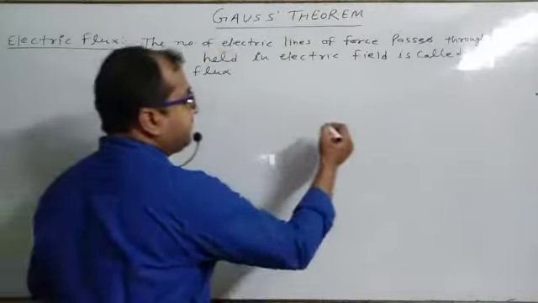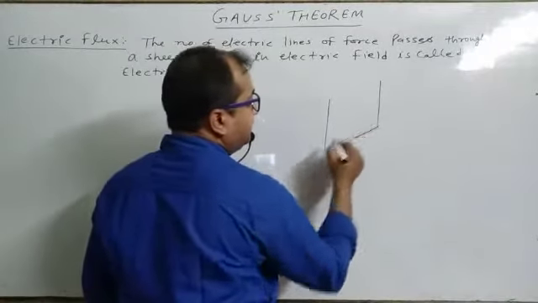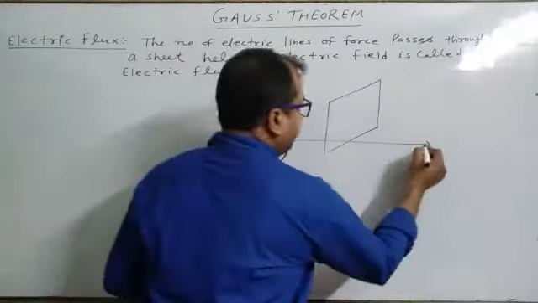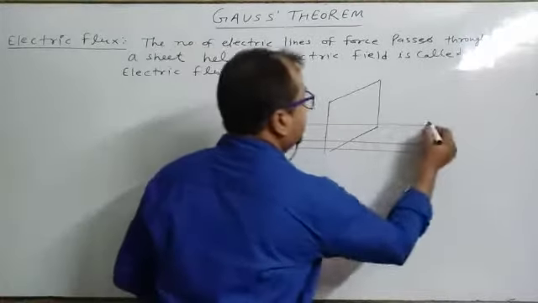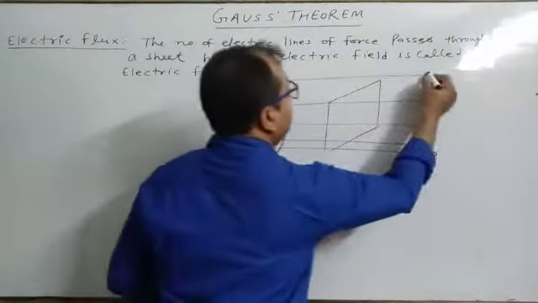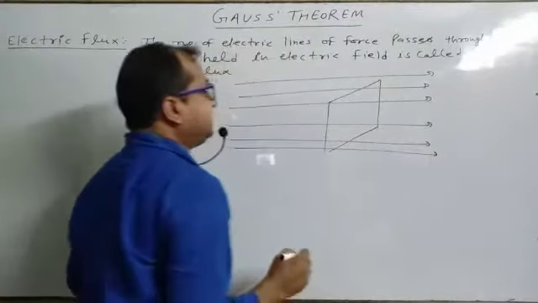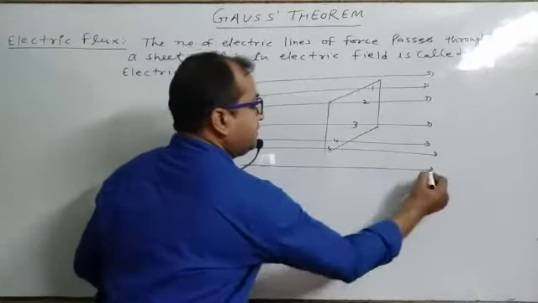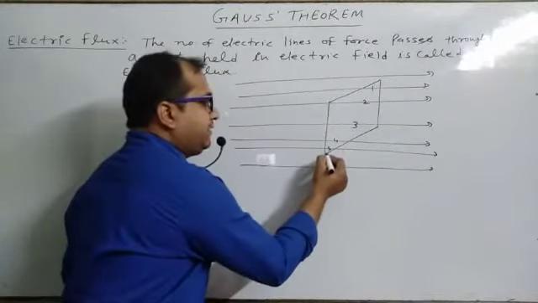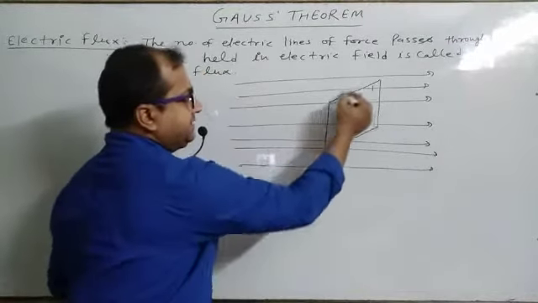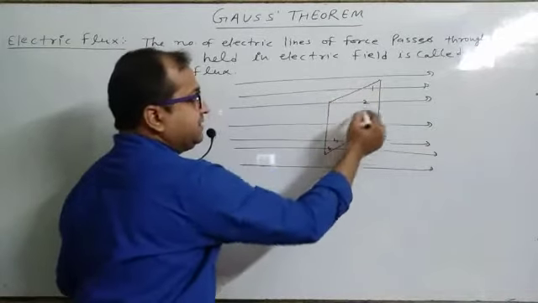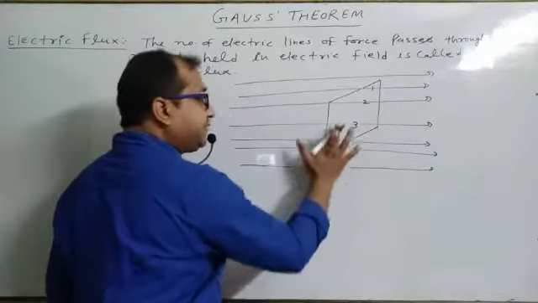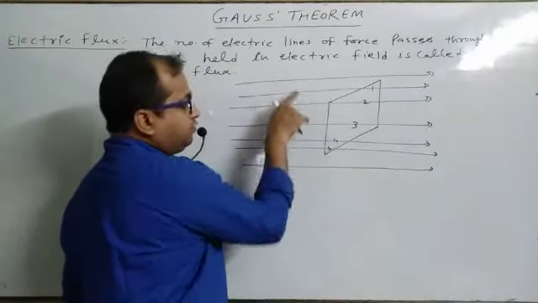Like if this is the surface and this is the electric field, you can see there are 1, 2, 3, 4, 5. Only 5 electric field lines pass through this surface held in electric field. Then the number of electric force lines, 1, 2, 3, 4, 5, is the electric flux, but do not count 2 lines.